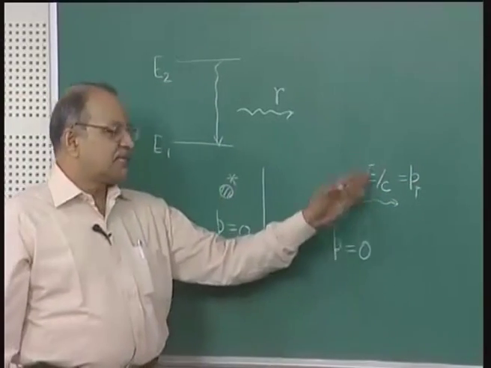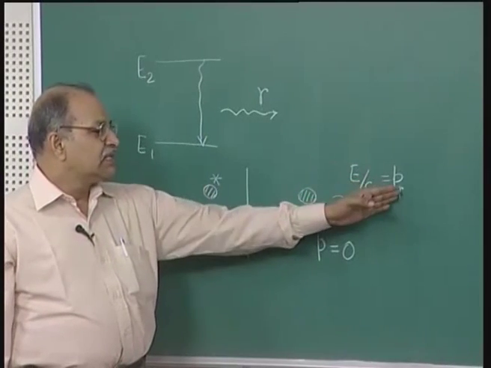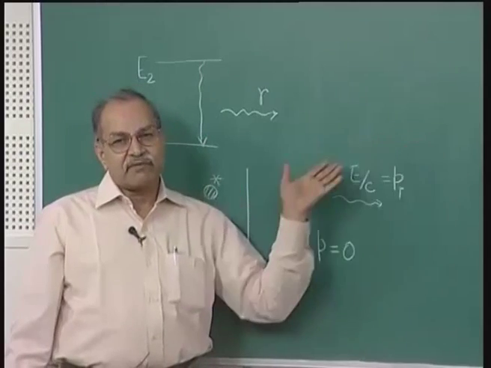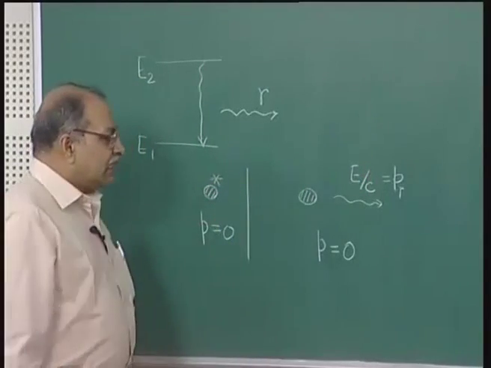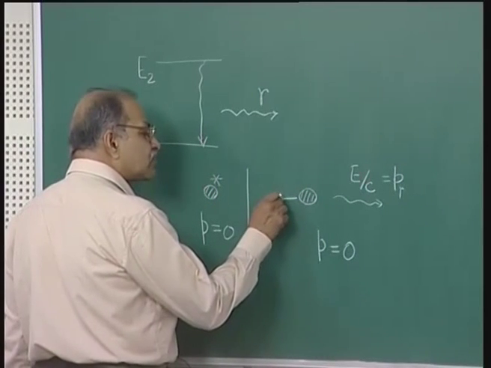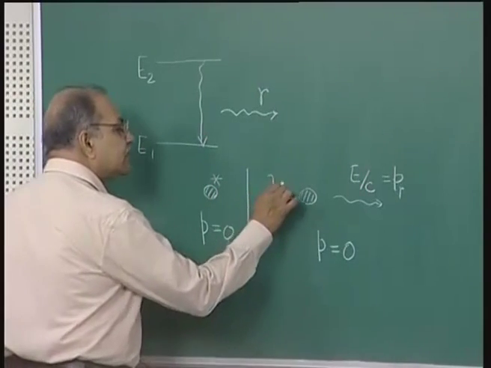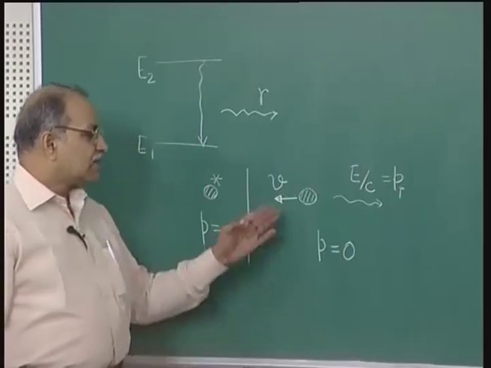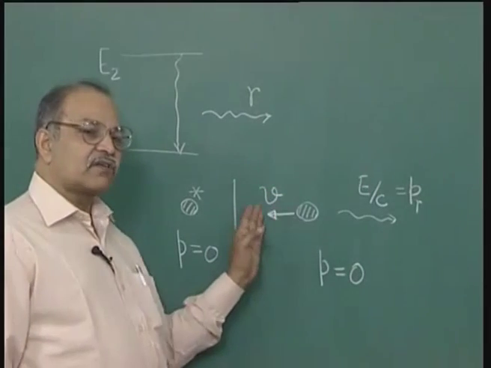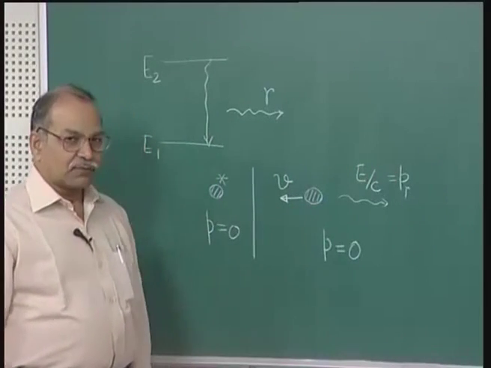If the energy of the gamma ray is E, it is a photon, the corresponding linear momentum will be E by c in the direction of travel of this gamma ray. Therefore, to make the total momentum 0, this daughter nucleus, the nucleus in the ground state, must recoil backward with a certain velocity v, so that the linear momentum of this nucleus and the linear momentum of this gamma ray add to 0.